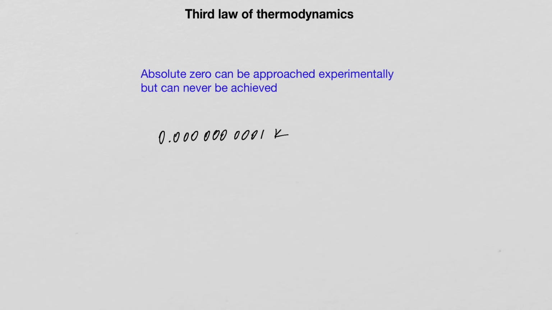The statement of the third law states that this can never become a zero. People can add more zeros in front of the one, but it will never become zero. It's impossible to achieve. And the reason for that would be that there is always some transfer of heat from the surroundings into the experiment, so it's impossible to completely eliminate that.